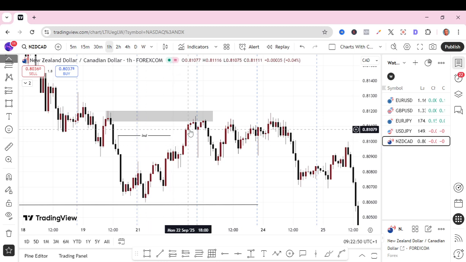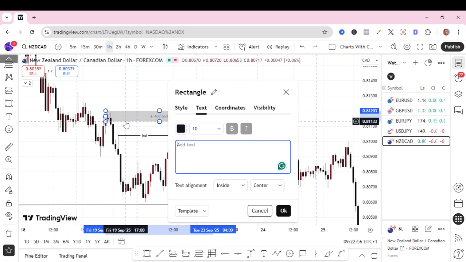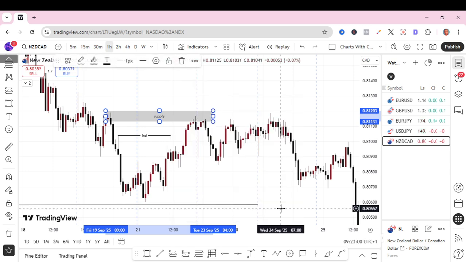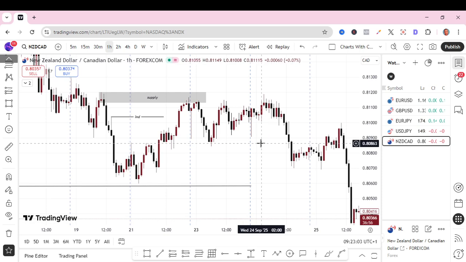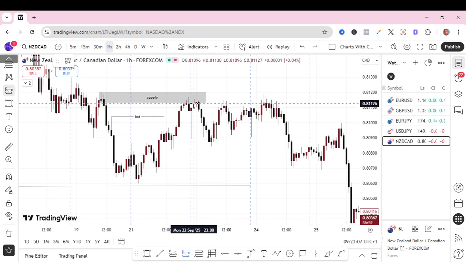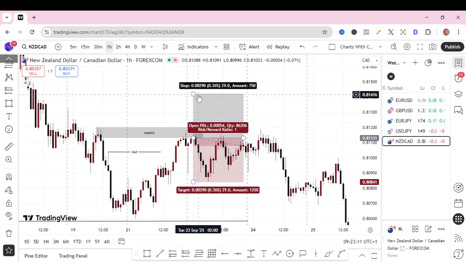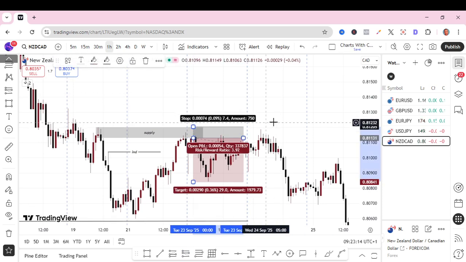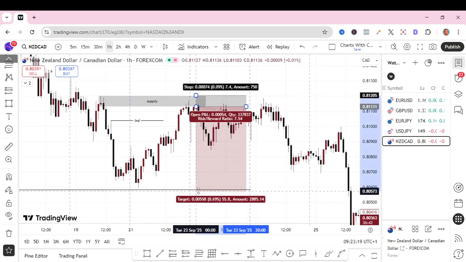And then price came to this supply here. Price was reacting from here, right? I was very aggressive on this trade, so I just took my entry from here and I was targeting that low, the liquidity below, this external range liquidity here.